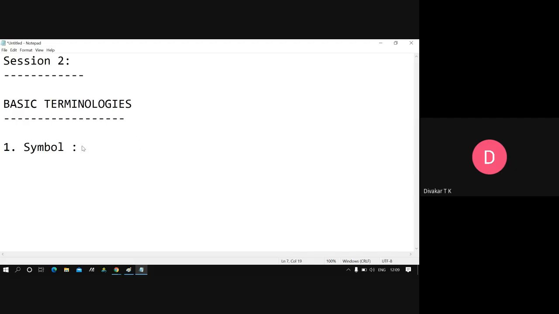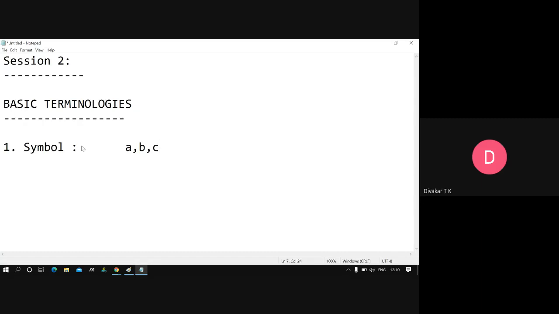So now I'll write A. A is an alphabet, correct? Now also I'll say B. A, B, C, D, everyone knows. These are all alphabets, 26 alphabets we have. But A, comma, I've taken B also, and C also I'll take.